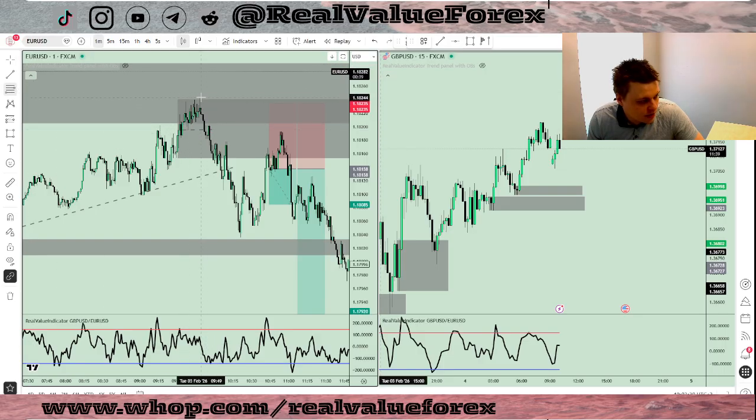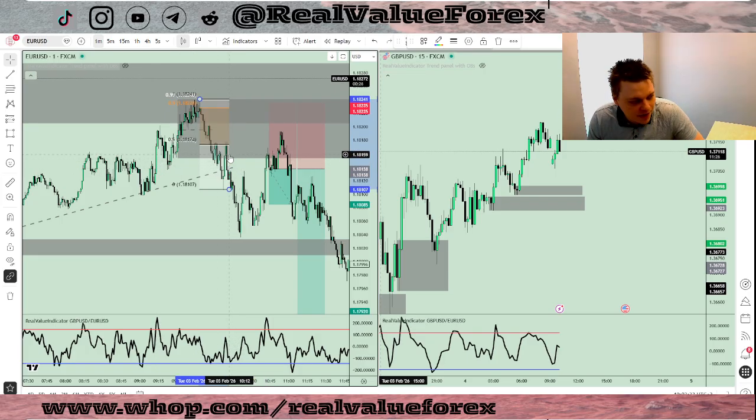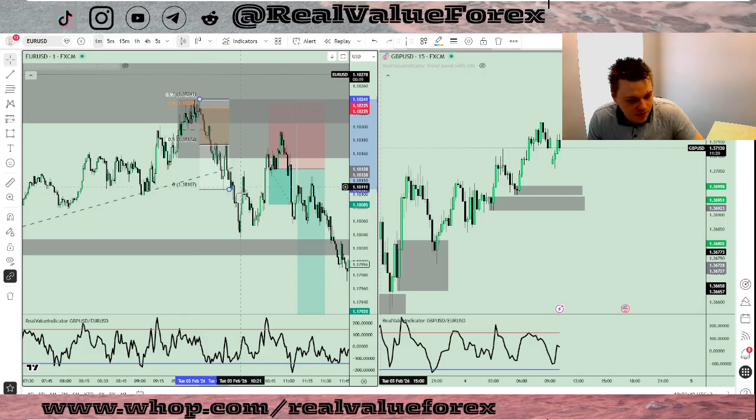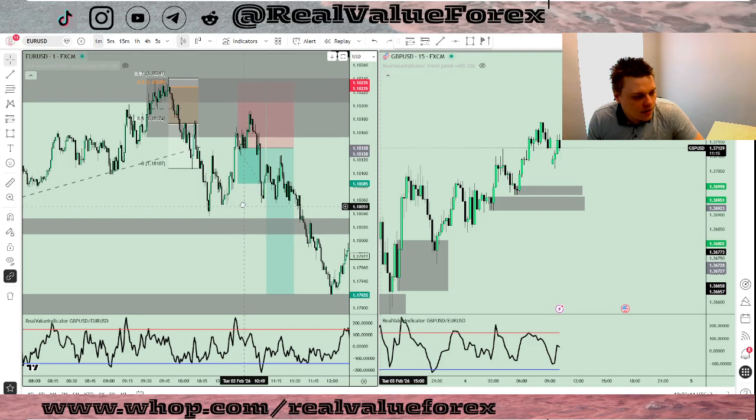For example, right here, we now throw the Fibonacci, and we want to have a 50% tap, and now we can go in, because you can see we shifted from here, and yeah, either that one or in here. In here we already shifted, so here not needed, we just go in here.